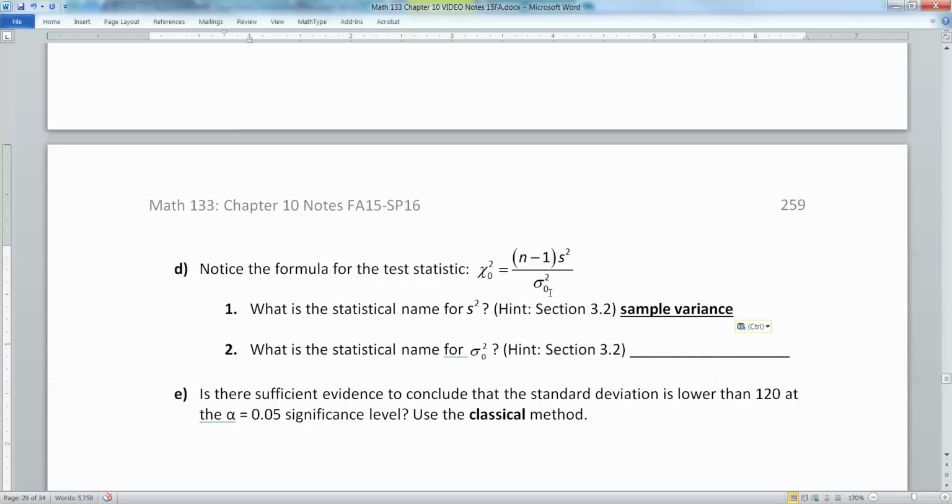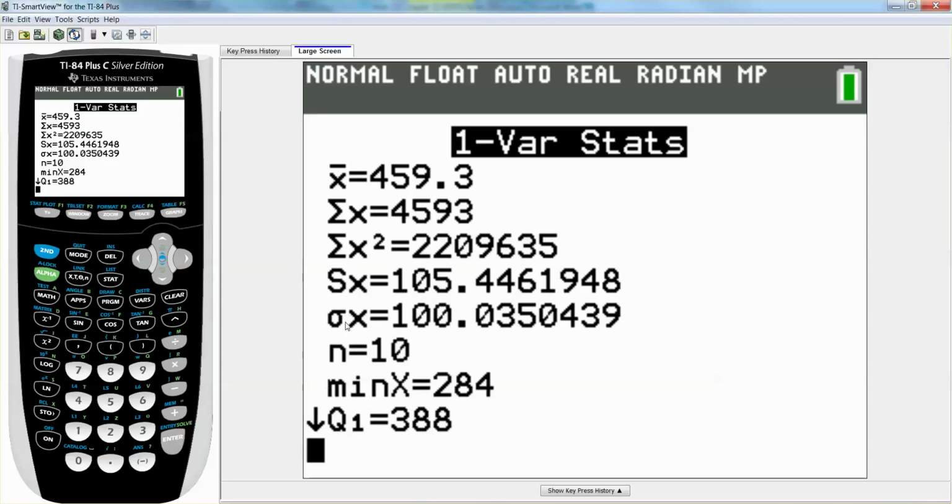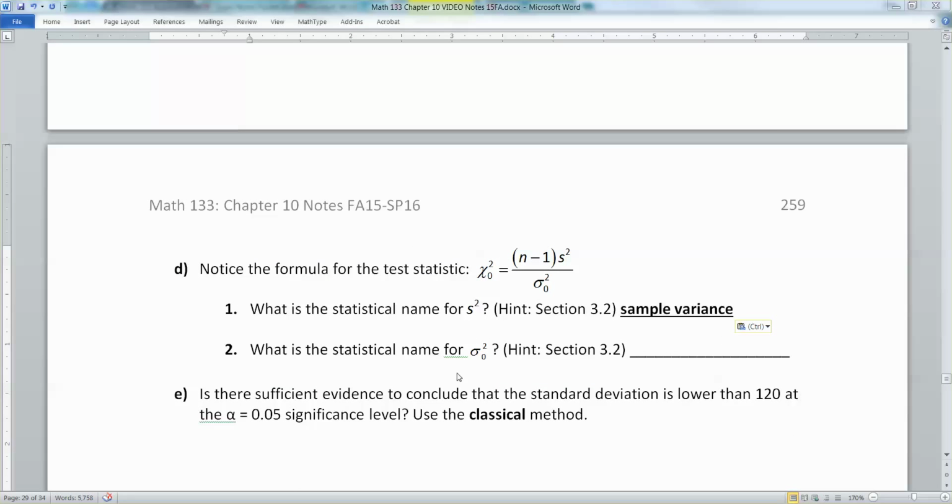Now what about the sigma naught squared? Well, sigma is population standard deviation, so sigma squared is population variance. But the 0, that naught subscript, tells us it's the assumed value from the null hypothesis. So this is our assumed population variance from H0.